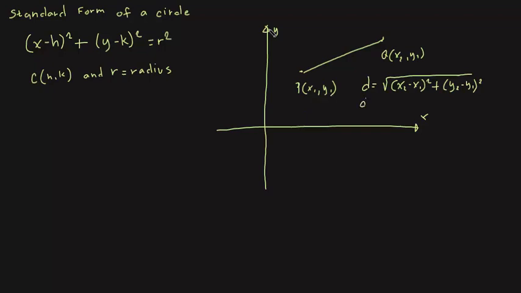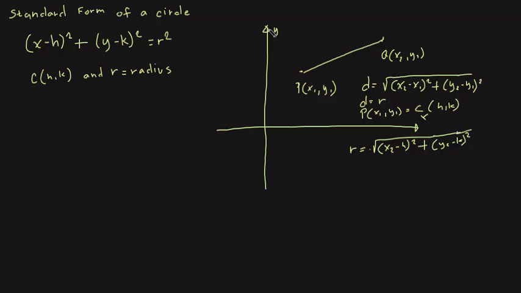When d is equal to r, and given that P, which is (x₁, y₁), will be the center of the circle (h, k), then r is equal to the square root of (x₂ - h)² + (y₂ - k)².